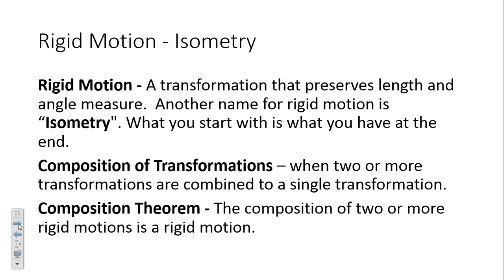So you basically start with whatever you start with is what you end up with. Your pre-image and your image will be the same when it's all said and done.